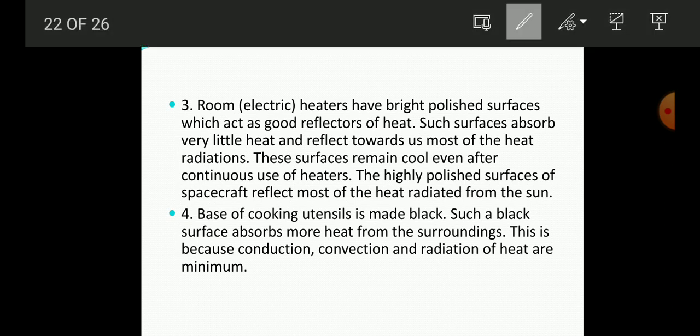Room heaters have a bright polished surface, because if the surface is polished, then it will reflect the heat throughout the room. That is why room heaters are made from polished surfaces, because a polished surface will reflect back the heat more easily.